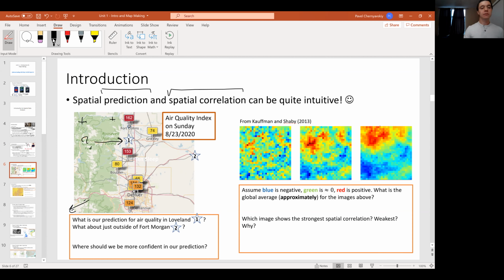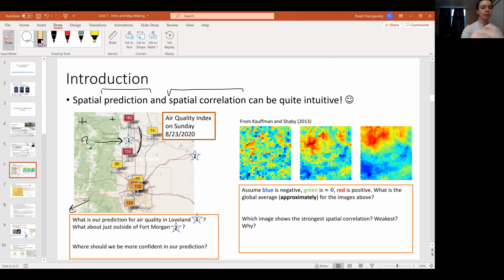Loveland is a wonderful town. Can we predict air quality for Loveland? Well, I hope as I'm asking this question, you're thinking, well, it's between Fort Collins and whatever this is. I forget what this town is called. Why would it be that different than 162 or 153? Greeley is a little bit farther away, but maybe we include Greeley into sort of the zone of influence.